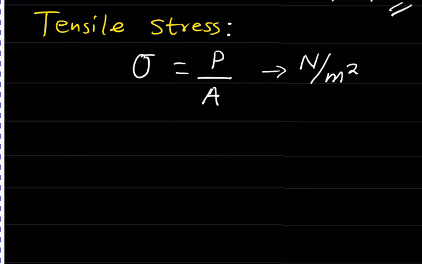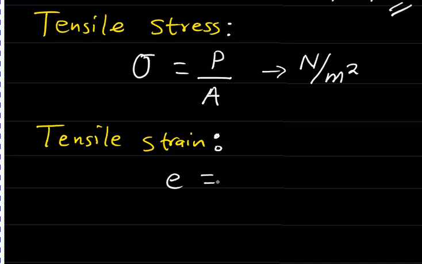We will now have the tensile strain. Every stress, force per unit area, on a material will produce a strain. And how do we define the strain? The strain produced by stress, for which we use the small letter e, is given as the extension produced per unit length of the material.